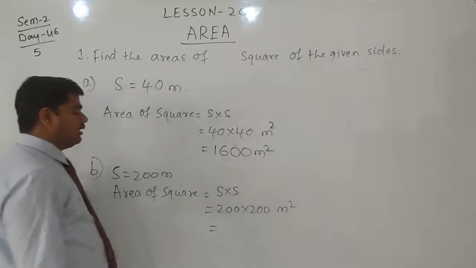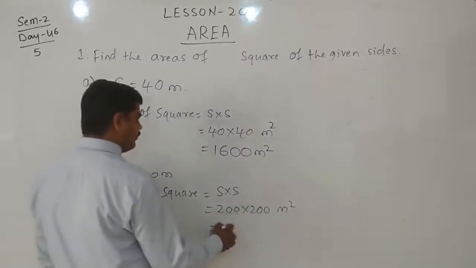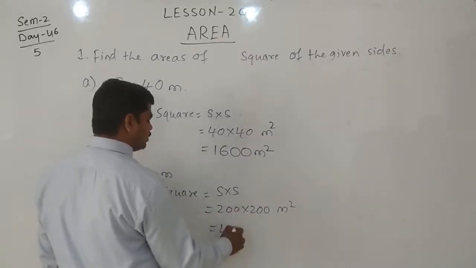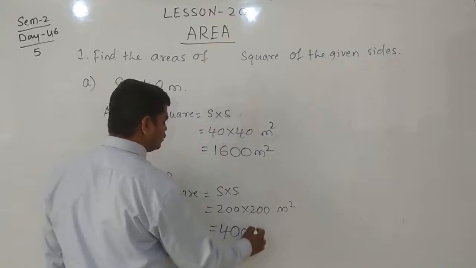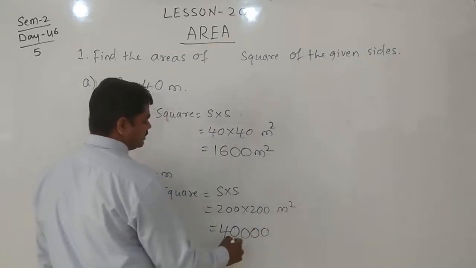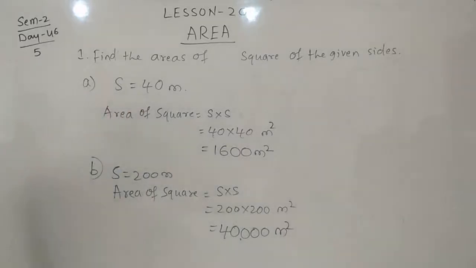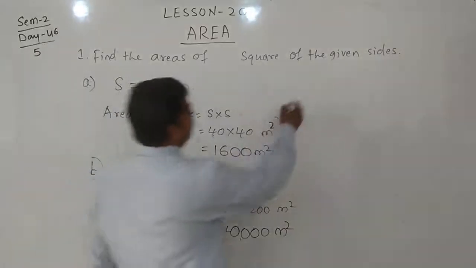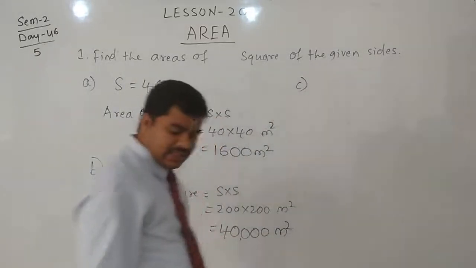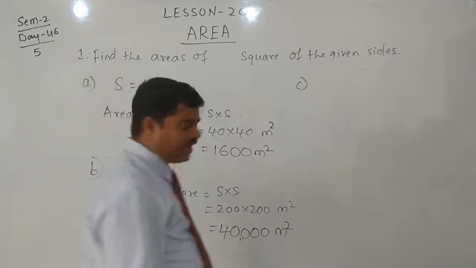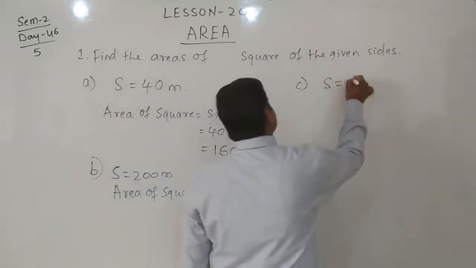Now here 2 twos are 4, and these 2 zeros and these 2 zeros. This is nothing but 40,000 meter square. And one more square, S is equal to 9.5 centimeter.